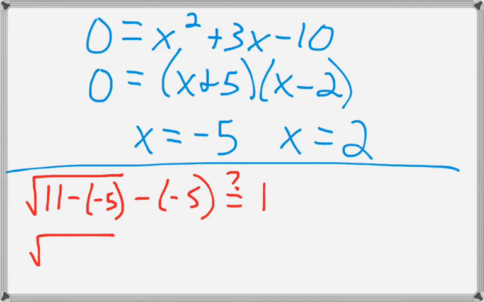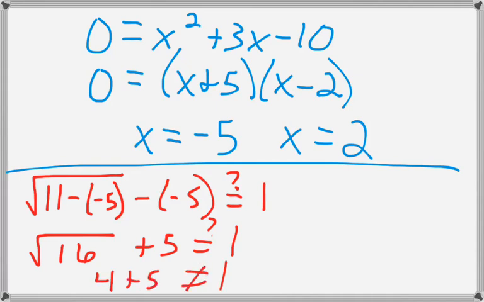We have 11 plus 5, so the square root of 16 plus 5. And we want to know if that's equal to 1. Well, that's 4 plus 5 on the left. That's not equal to 1. So negative 5 is not a solution to our radical equation.